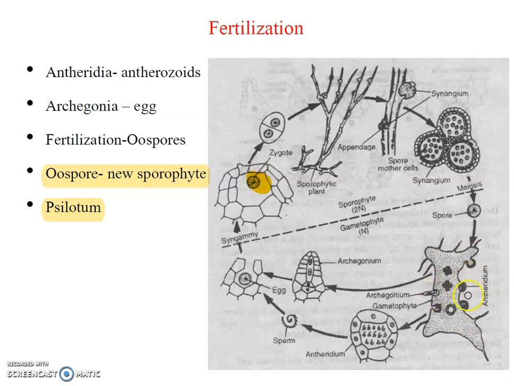In the antheridia, spermatozoids are produced, and in the archegonia, eggs are produced. The sperms are multicellular and coiled. They fuse with the egg in the archegonia, the oospore develops, and the oospore develops into a new sporophyte, Psilotum. So this is the life cycle of Psilotum.